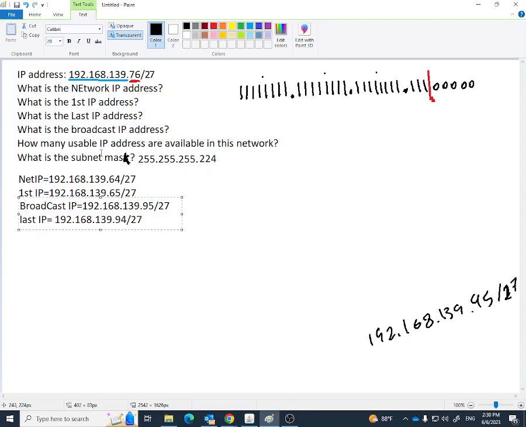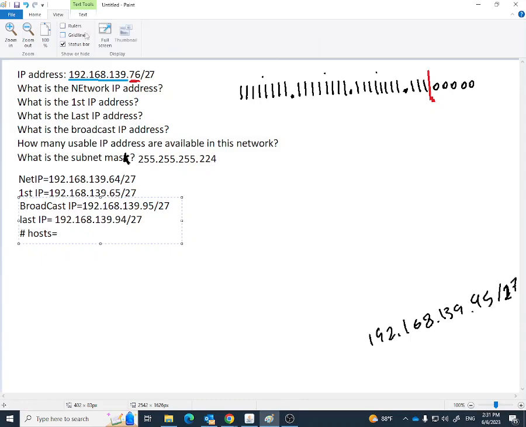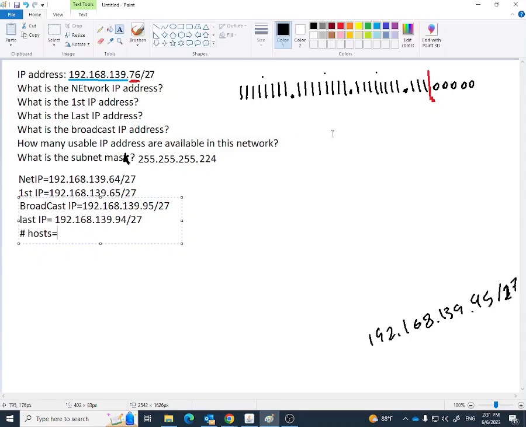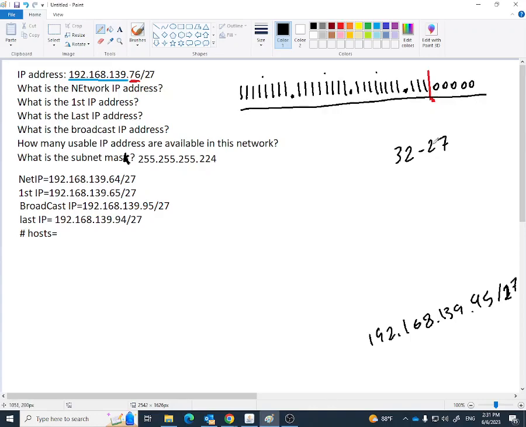Now, the last thing left here is how many usable IP addresses that we can have. So I'll just type, for example, number of hosts, possible hosts. And to be able to figure that out, the equation is very simple. All you have to do is to figure out how many bits do you have after this line. Now, again, if you don't want to go through binary representation, the answer will be very simple. 32 minus 27. 32 is the length of the subnet mask, which is a fixed value, never changes, and the prefix that you have, which is 27 that I gave you here.